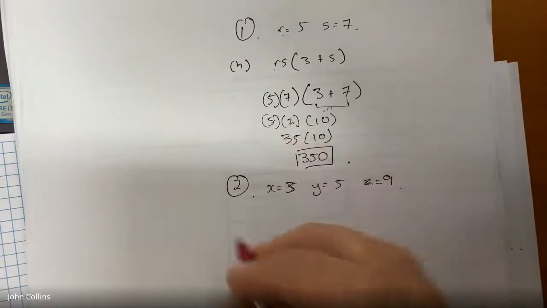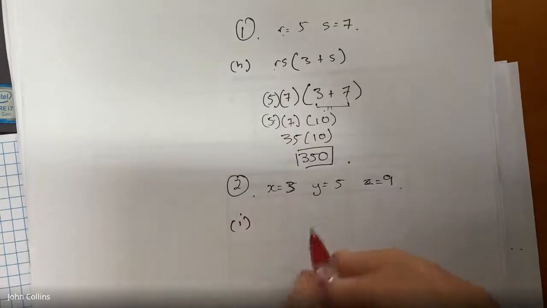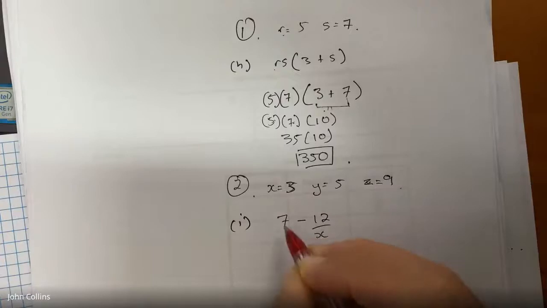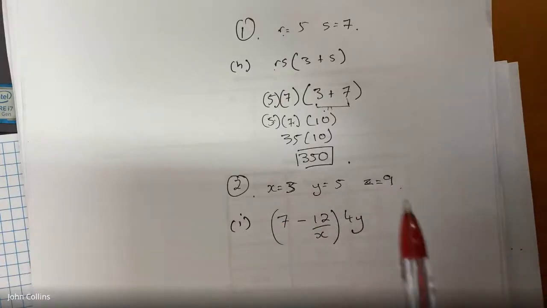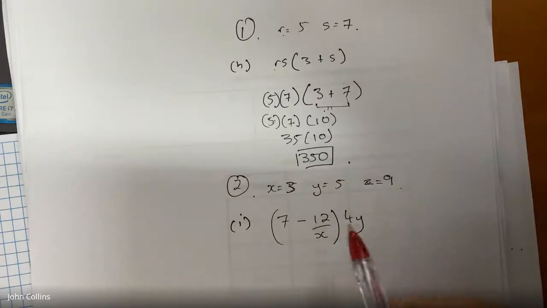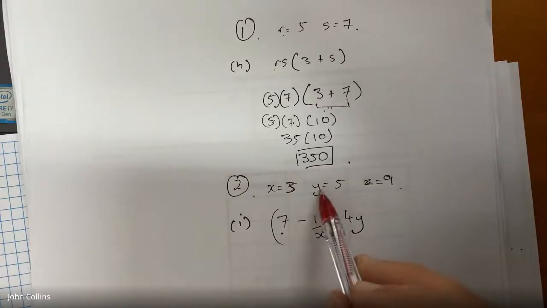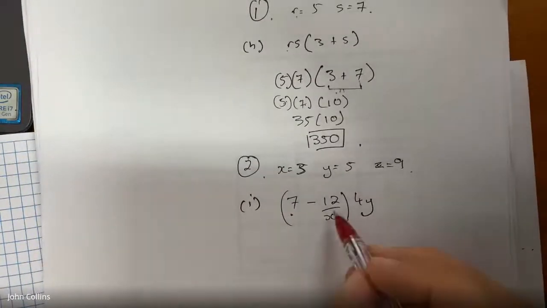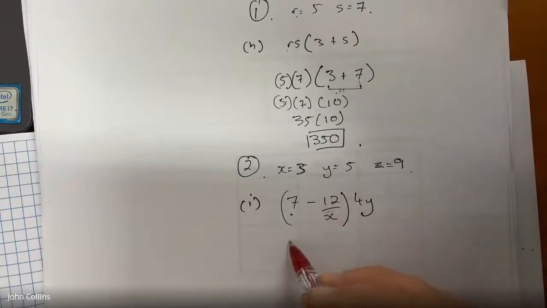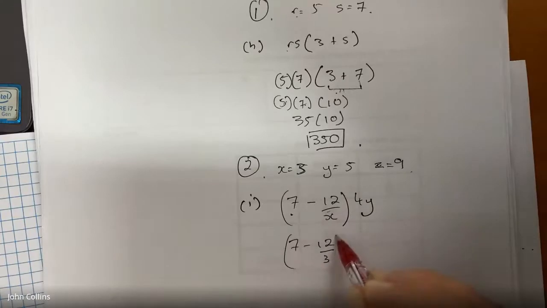I'm going to do part I. And part I is 7 minus 12 over x times 4y. So once again, evaluate each expression. So I could multiply first and then sub in, but I think it's easier to substitute first and then do any multiplication afterwards. So substitute. So I'm replacing this variable x with 3. And I'm replacing this variable y with 5.